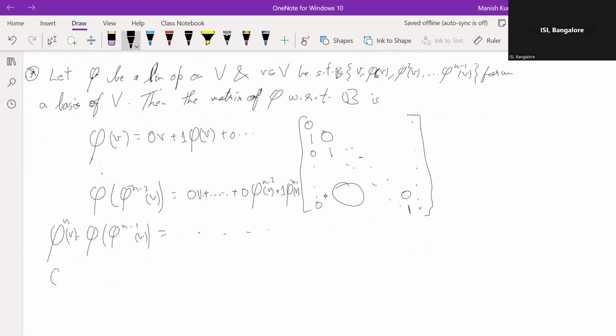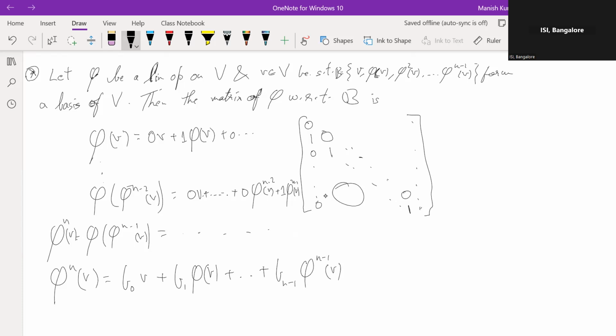So let's say phi n v is b0 v plus b1 phi v, and so on, up to b n minus 1 phi n minus 1 v.